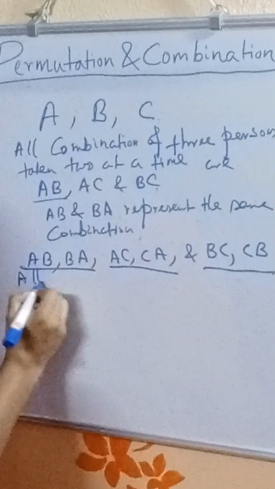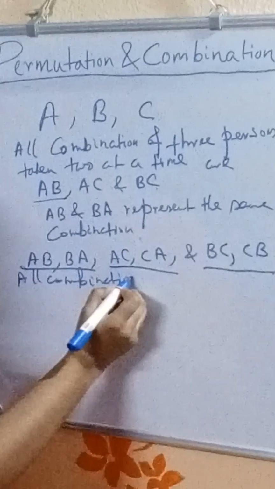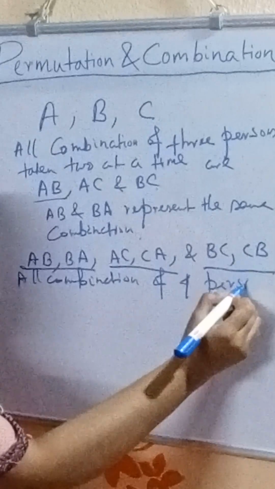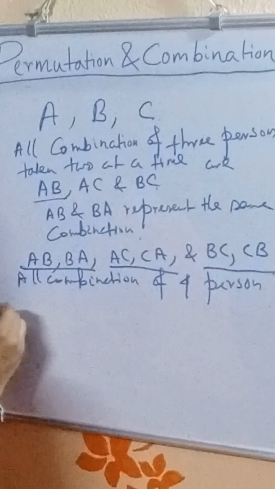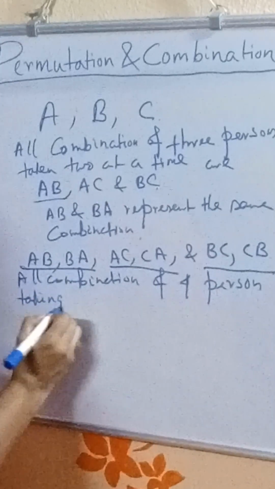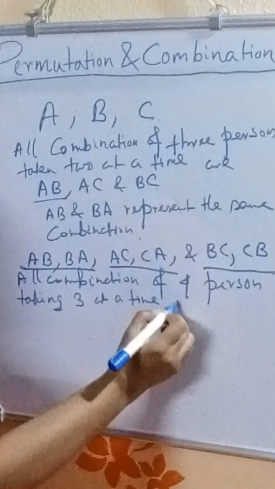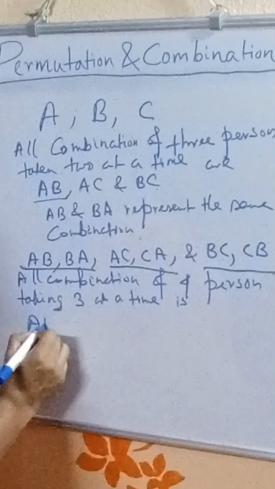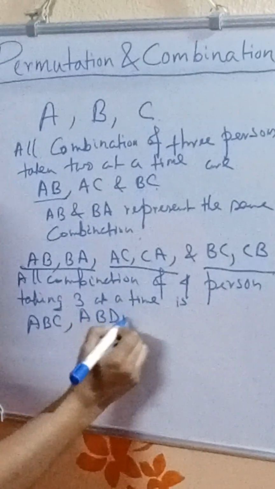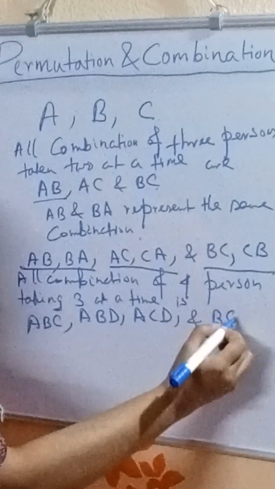All combinations of 4 things taken 3 at a time are ABC, ABD, ACD and BCD.